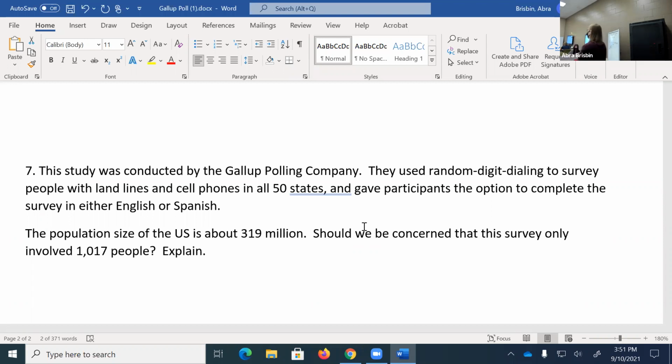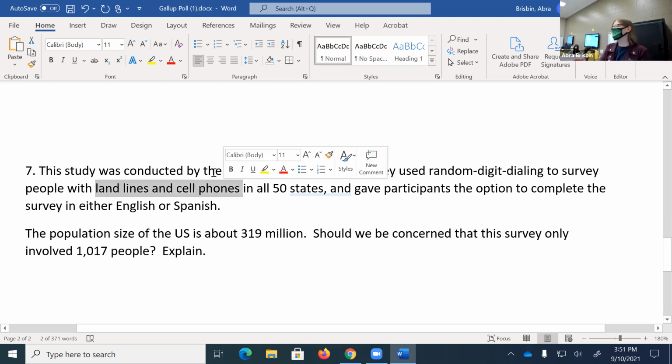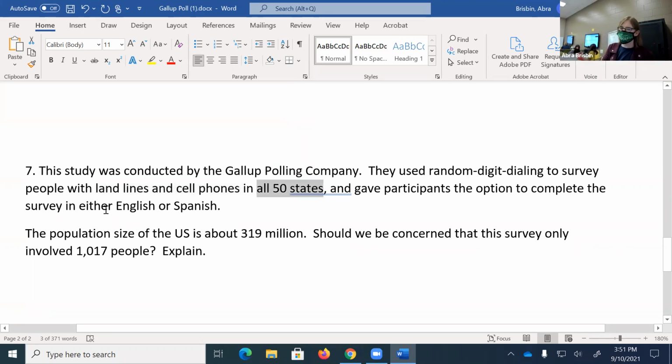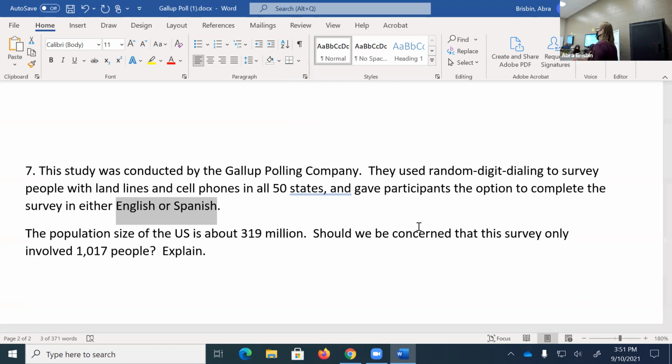The things that make the sample representative or not are these issues of, okay, they surveyed a good cross-section of people with phones. They surveyed people in all 50 states. They surveyed people who speak English or Spanish. If we want to make our sample more representative, we need to look at those issues.